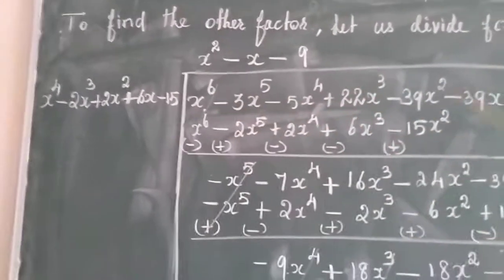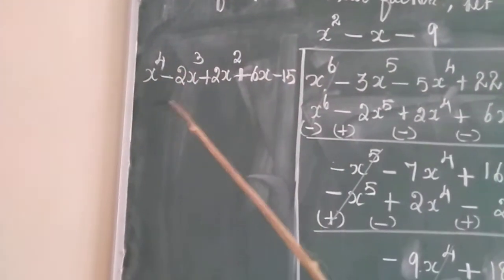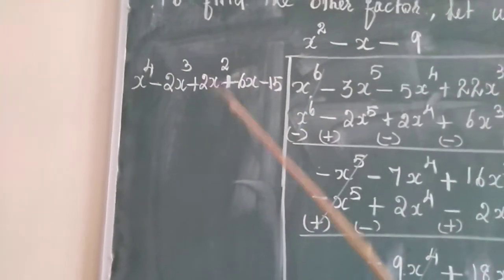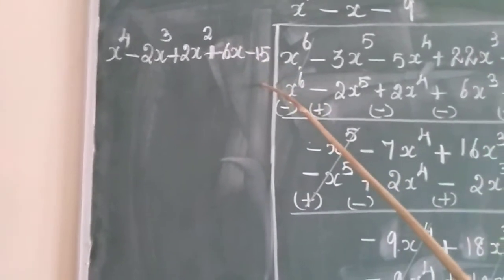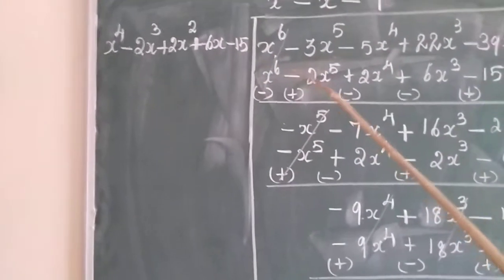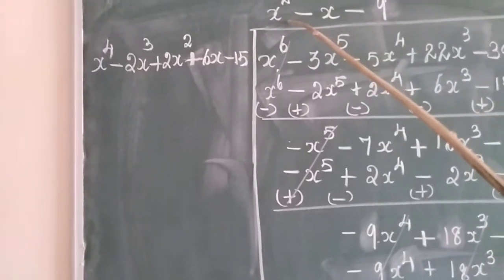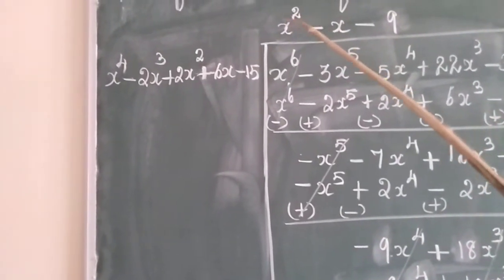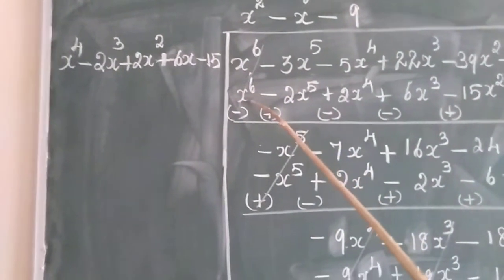Now this one we are dividing by the factor we found out, x power 4 minus 2x cube plus 2x square plus 6x minus 15. I think we know how to divide, and we have to take a quotient here, and if you multiply this quotient and the first term, we have to get the first term here.